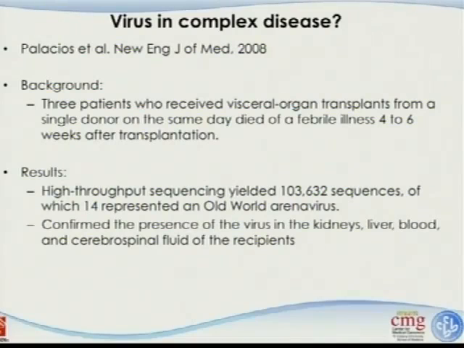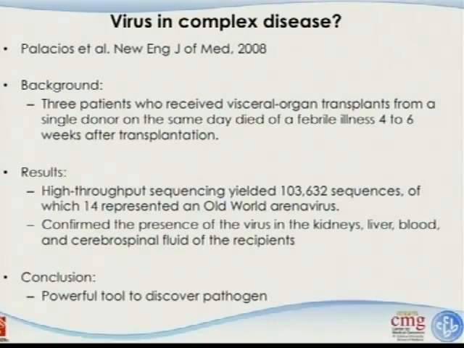They confirmed the presence of this virus in the kidneys, liver, blood, and spinal cord fluid of these recipients, using RNA PCR assays. Their conclusion is that the donor had a virus that was carried into the recipients and caused them to die. The conclusion here is that sequencing is powerful for discovering pathogens.